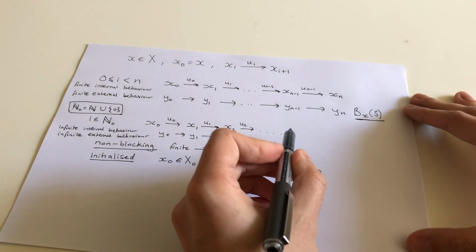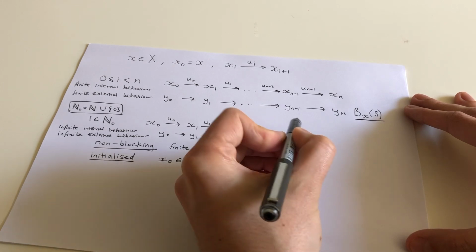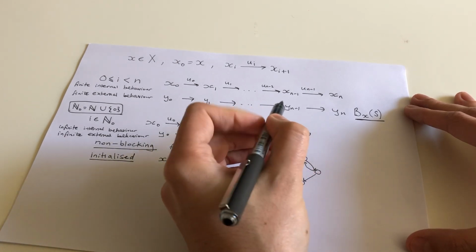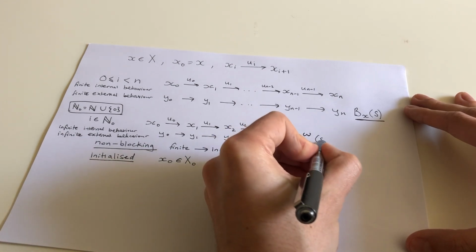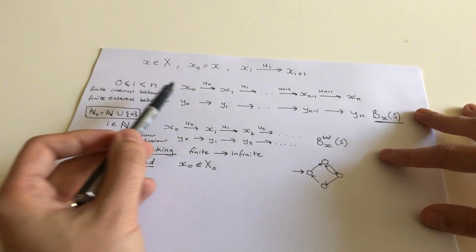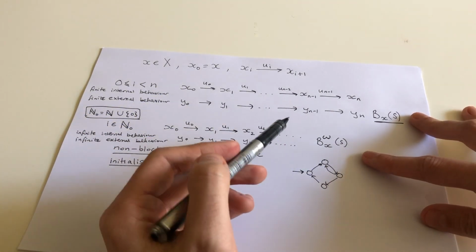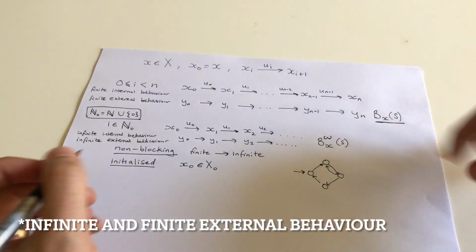And similarly, for the infinite behaviour, we just put omega at the top. It looks like a W, but this is omega. And we can describe the behaviour from this initial state in both of these cases, infinite and finite.